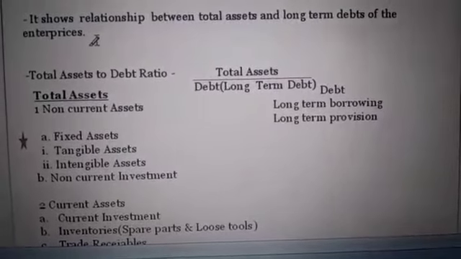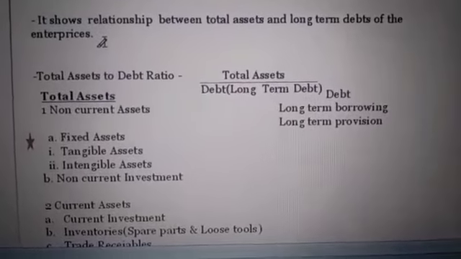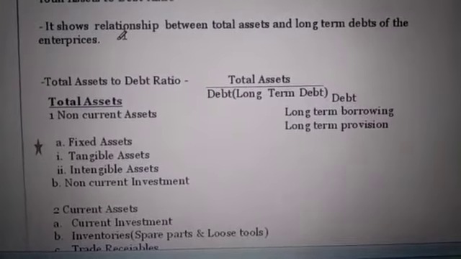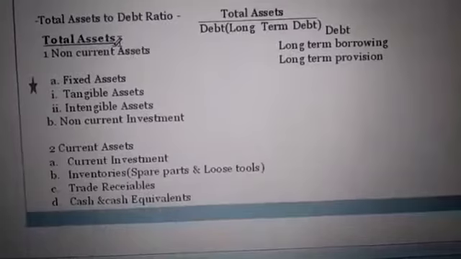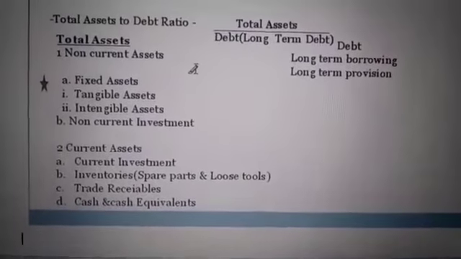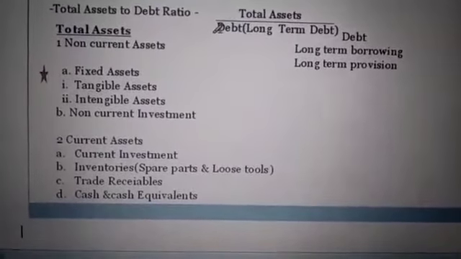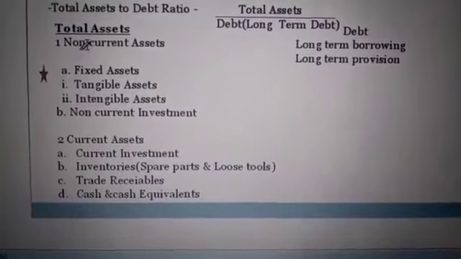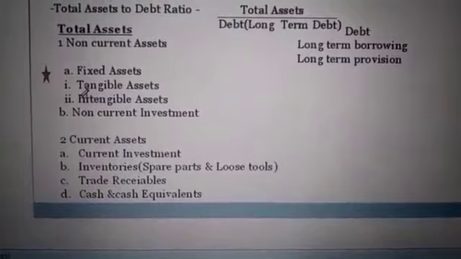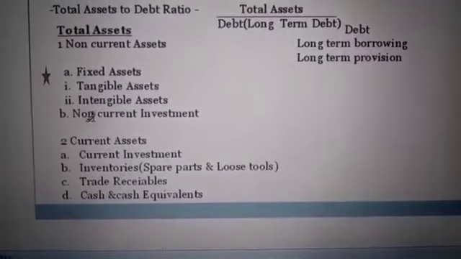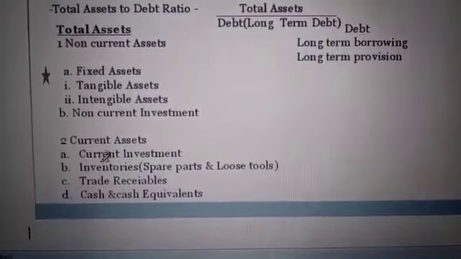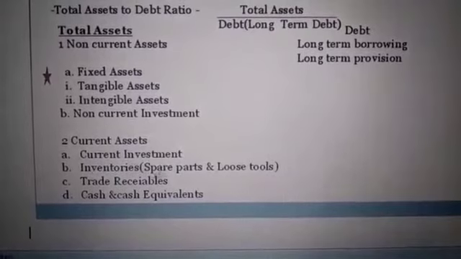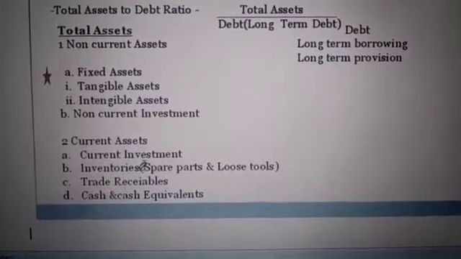Okay. So here only one thing you have to focus on. If we talk about total asset in detail, it comes: fixed assets, non-current assets, fixed asset tangible, intangible, non-current investment, current asset, current investment, inventories. Achha, something is new here in inventory.